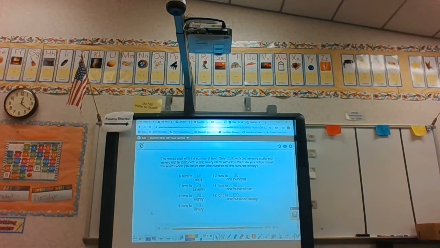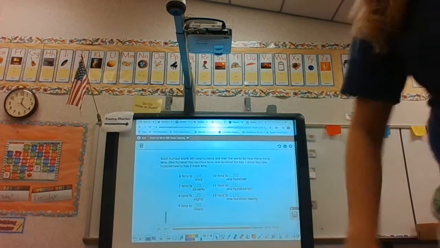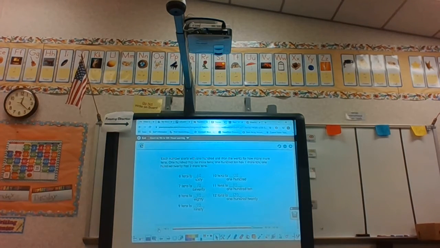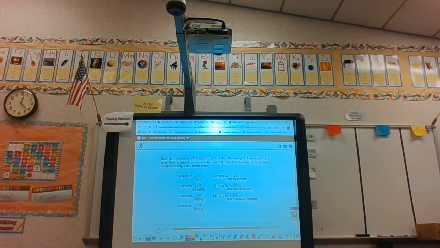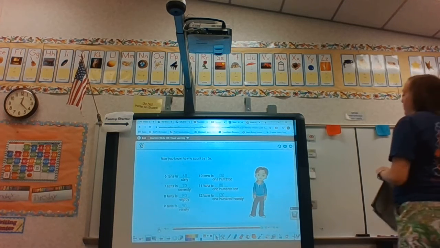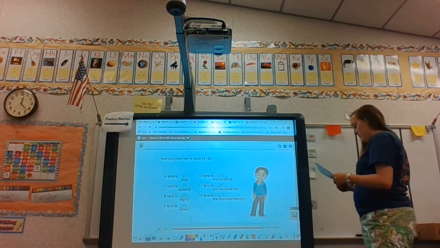What do you notice about the words when you count? Then the words for how many more tens? 100 has no more tens. 110 has one more 10. 120 has two more tens. Now you know how to count by tens.